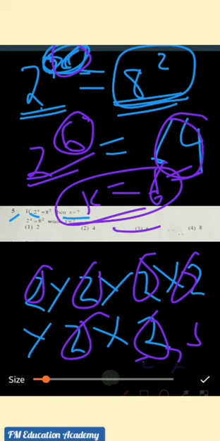Okay. Moving on to sixth question. Sixth question, cardinal number of the set A is equal to -2, -1, 0, 1 and 2. We know set A is given as -2, -1, 0, 1, 2.